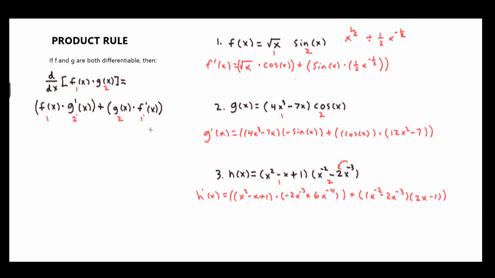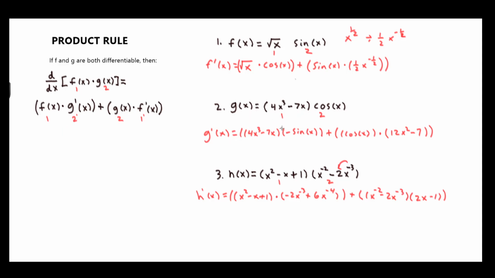So yeah, when using the product rule, or if you see two functions that are multiplied together and that can be derived, just know that you're going to have to use the product rule for those, and then just work your way down the line.